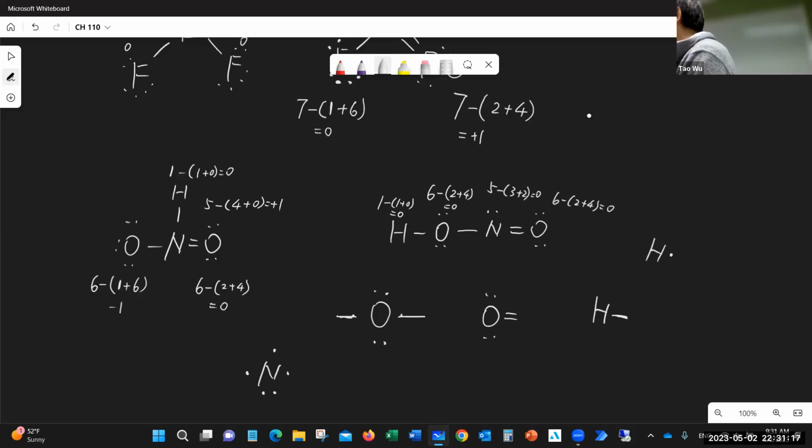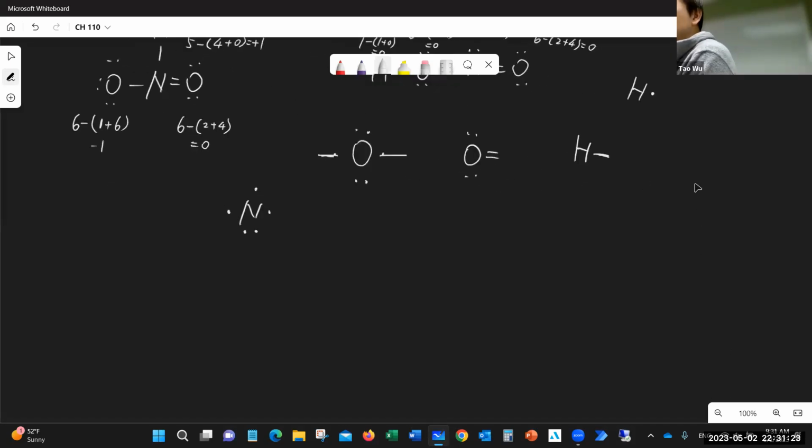So the options for nitrogen: either 3 single bonds, or 1 double bond and 1 single bond, or just 1 triple bond. Do you think that makes sense, right?